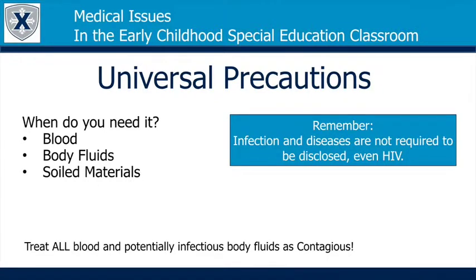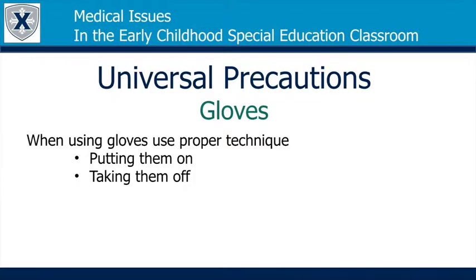You need to use it when you're in contact with blood, bodily fluids, and soiled materials. Another important thing to keep in mind is that all blood and body fluids are potentially infectious, so it's very important to use gloves anytime you're in contact with them.